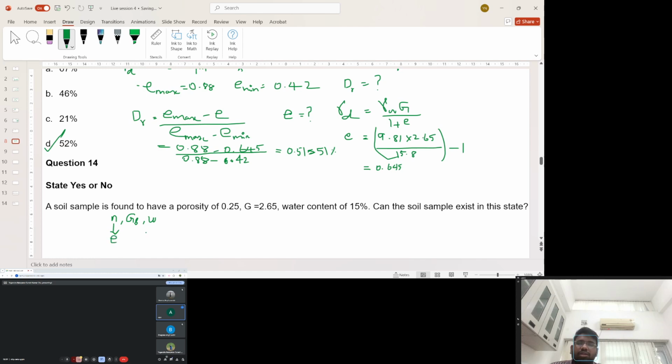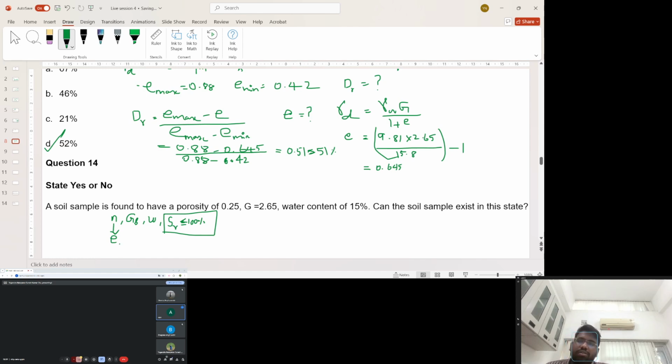So all three, and one more thing left in this group is the degree of saturation. We know the limit of saturation is 100%. It should not exceed 100%, right? So in order to check it, S_r should be less than or equal to 100%. This is the condition.